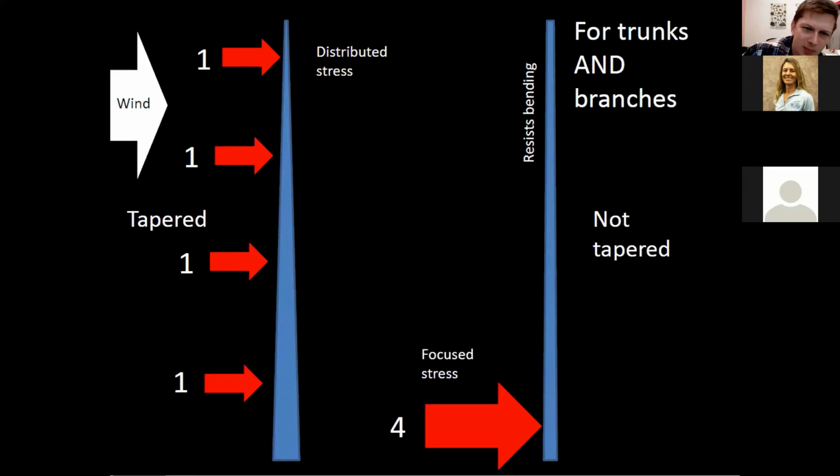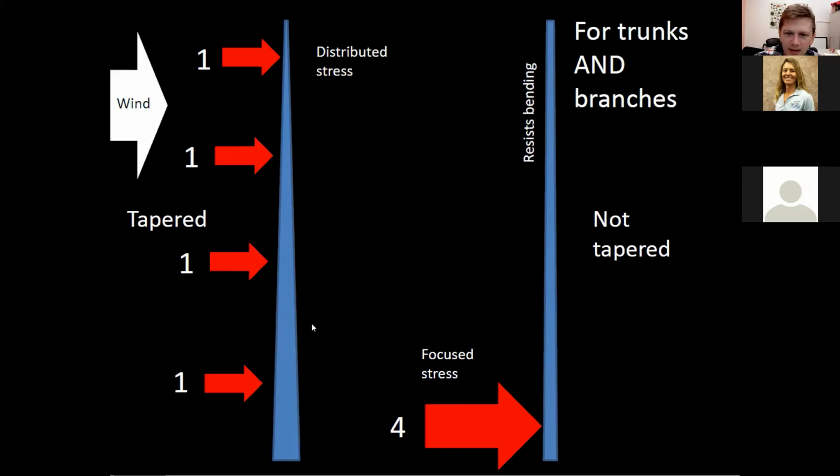So one of the things to keep in mind as well is taper for stems. If you see on the left-hand side, this is an example of a tree that has a fair amount of taper to it. You can see that it's not uniform in circumference all the way around.